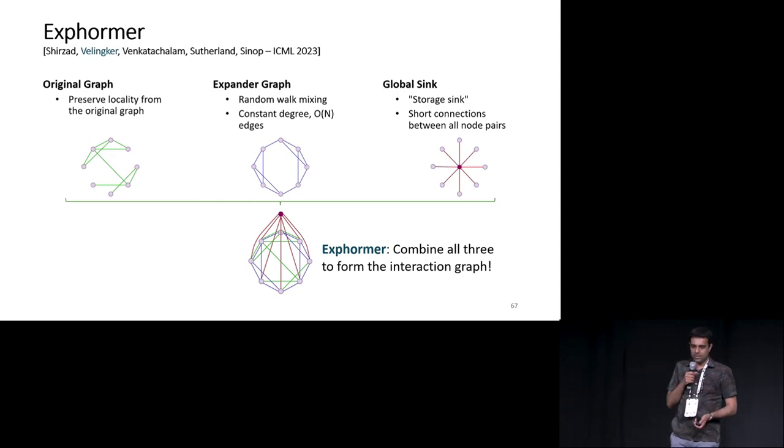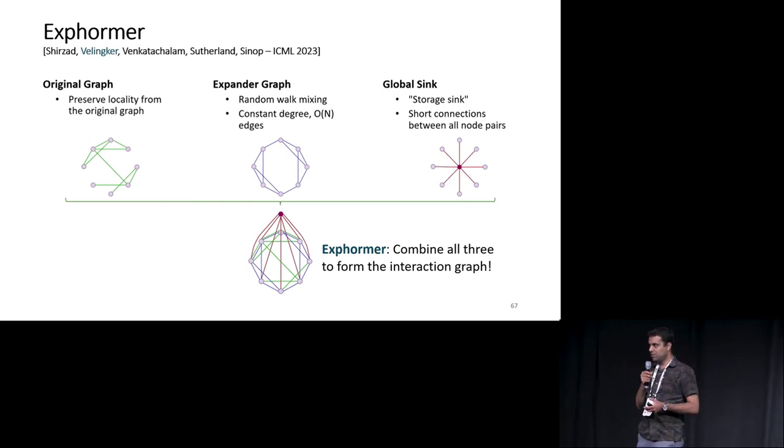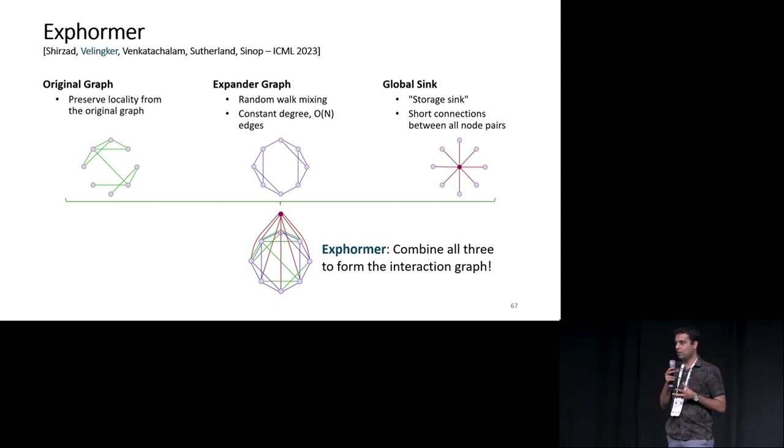It's kind of like a spectral approximation to the complete graph, but it only has a linear number of edges. And what we do is combine this with the original graph as well. We use edges from the original graph to preserve some of the inductive bias. And then we also have these global sink nodes or virtual nodes that connect to every node in your original graph.